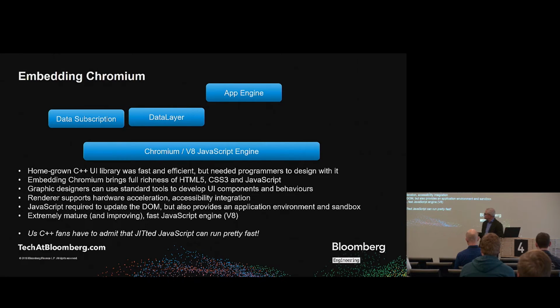JavaScript is required to update the DOM. When we were first experimenting, we tried going directly from C++ straight into Chromium, which kind of works, but you end up with an inconsistent view of the UI world from your JavaScript, and it got us into a big mess. So we settled on a design where you have to go via JavaScript to get to the DOM.